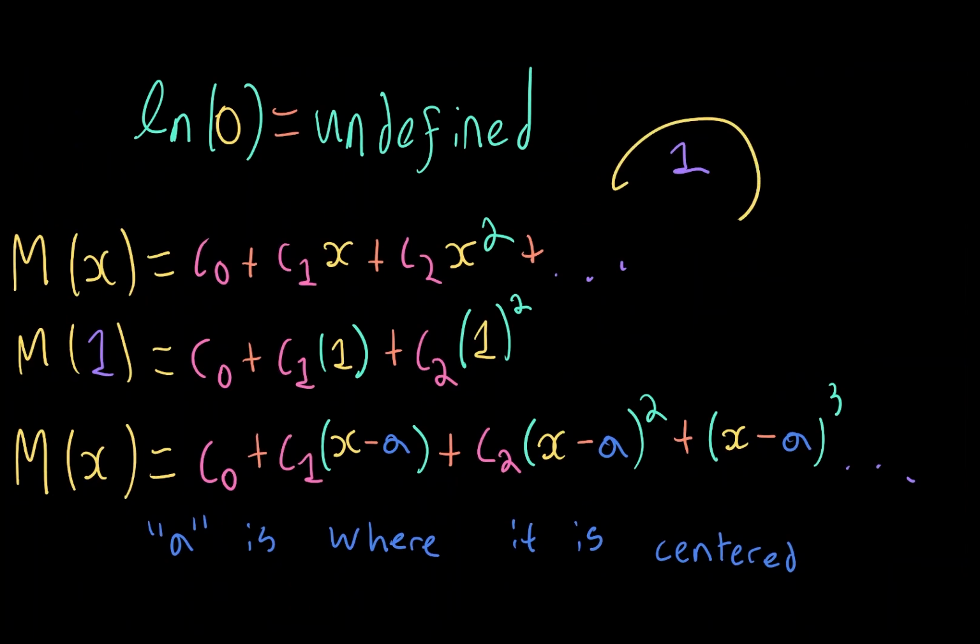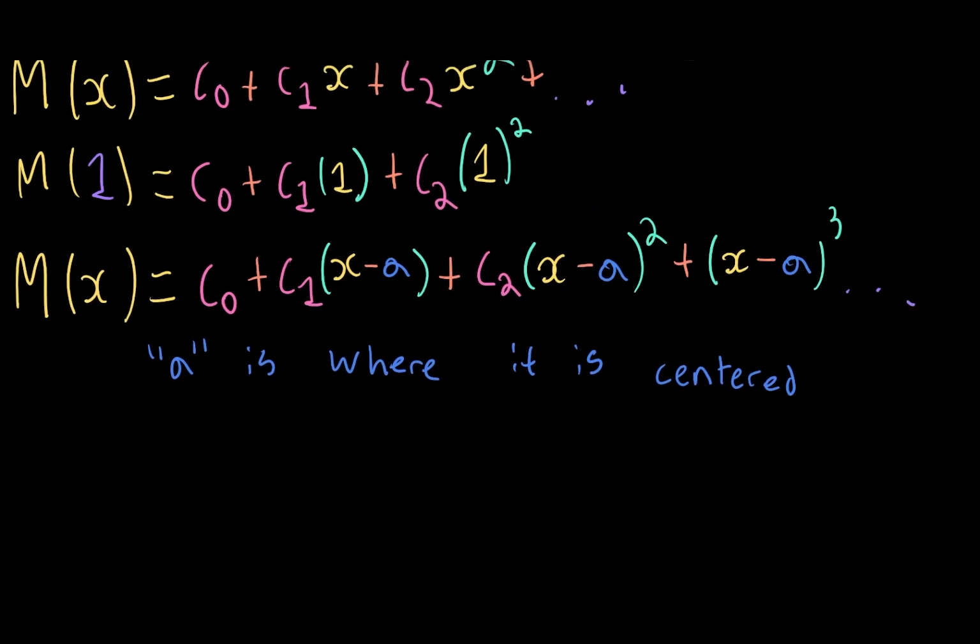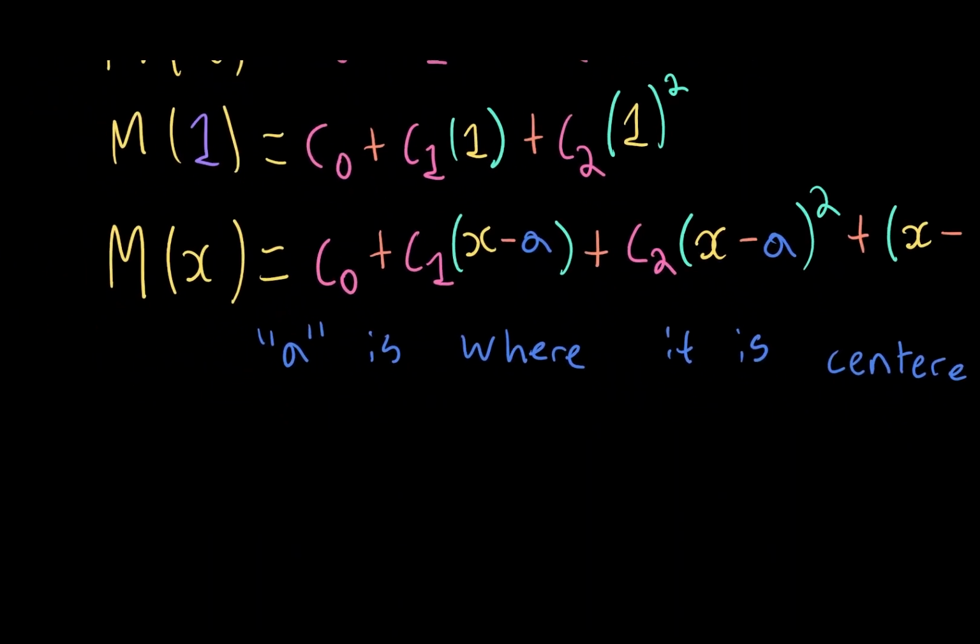So we said it was centered at 1, right? So that means a is equal to 1. And if we do the same thing here now, so let's say for this case, a is equal to 1, then that becomes m of x is equal to c0 plus c1 bracket.